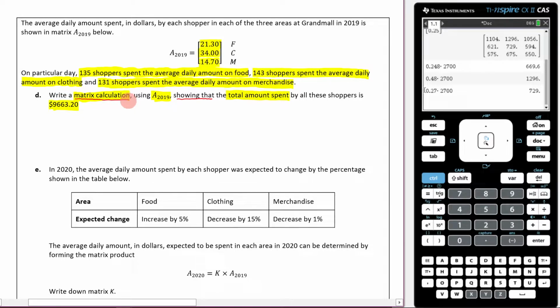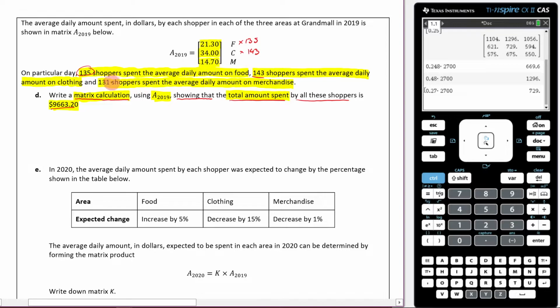So what is it that we want to do? We want to figure out the total amount spent by all of these people is this amount here. So if I know that 135 shoppers spent $21.30, what am I doing? Well, I'm simply taking 135 and multiplying it here. If I know that 143 shoppers each spent $34, I'm simply multiplying this by 143.